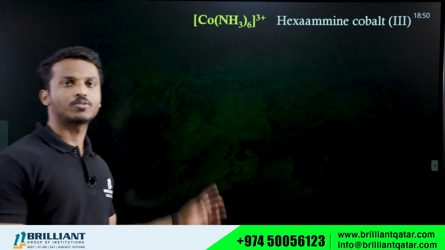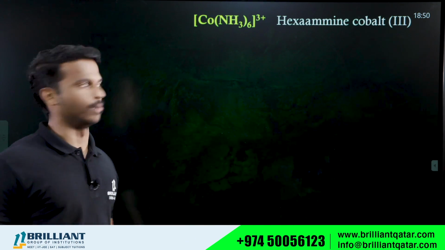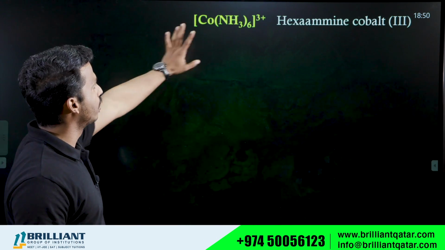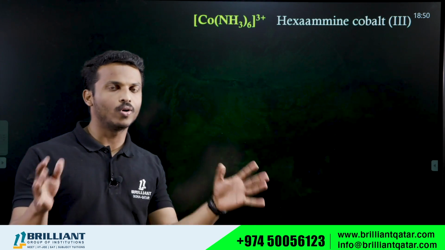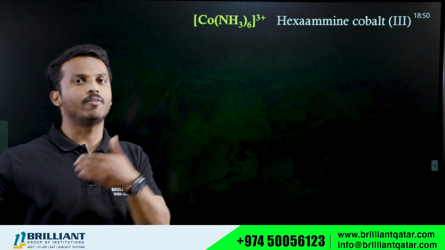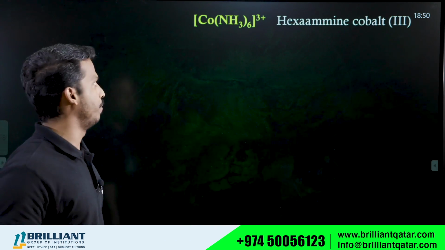I'm starting with the first example: the complex hexaamminecobalt(III). Those who don't know the IUPAC nomenclature of coordination complexes, we already made a video before. Look at that video, then come to the topic VB theory.